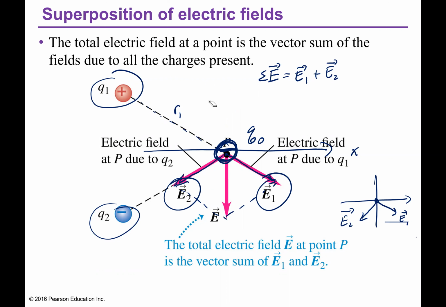And it's not going to be moving in the direction of E1 or in the direction of E2. It's going to be moving because of the net electric field. So it's going to be affected by the net electric field, which is in this direction.